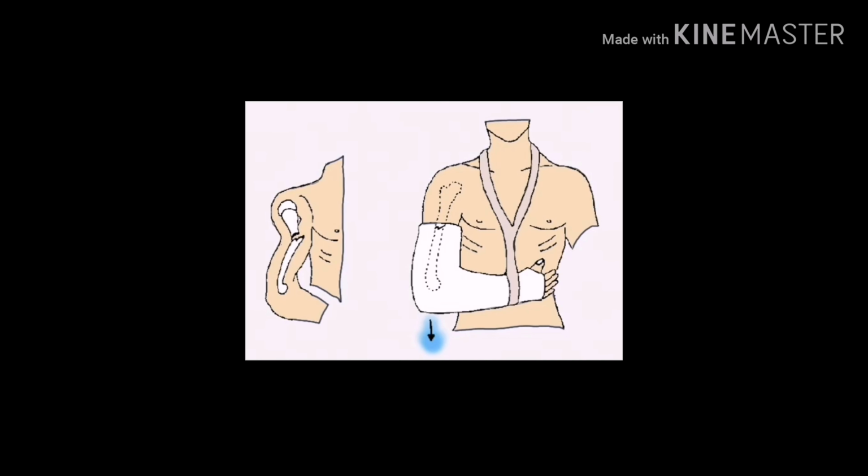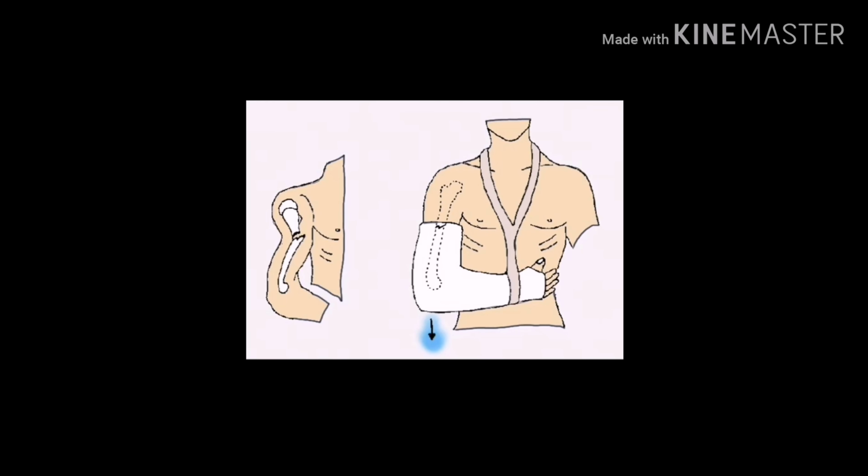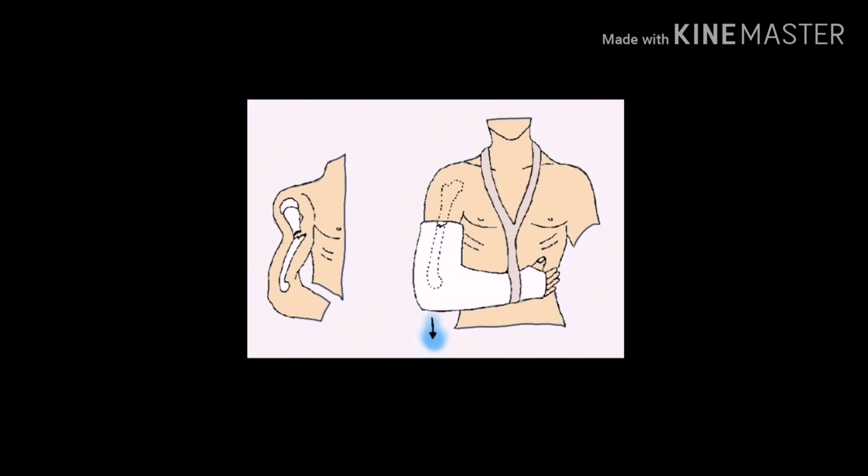The first option of the conservative management is the hanging cast. This utilizes dependency traction by the weight of the cast and the arm to affect fracture reduction. Indications include displaced mid-shaft humeral fracture with shortening, particularly spiral or oblique pattern.